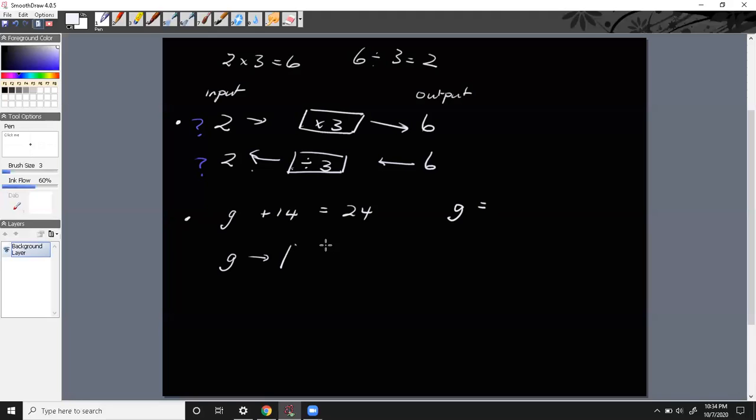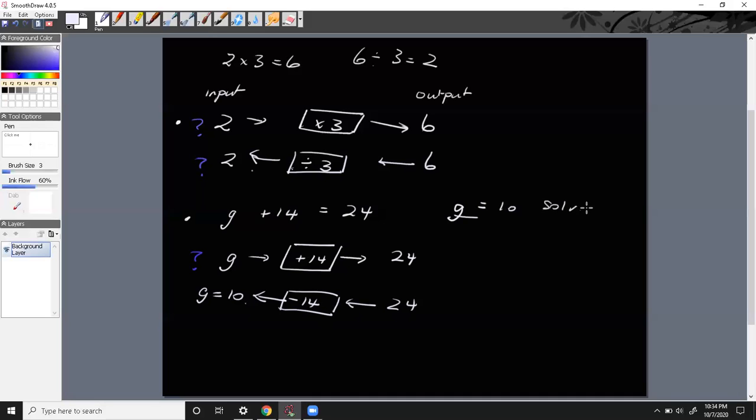This time, we're adding 14 onto g, and we have an output of 24. Once again, we want to know what g is, the blue missing value. So we work backwards, 24, and we take away the 14 to find out where we started from. So g is equal to 10. So we've solved the equation.